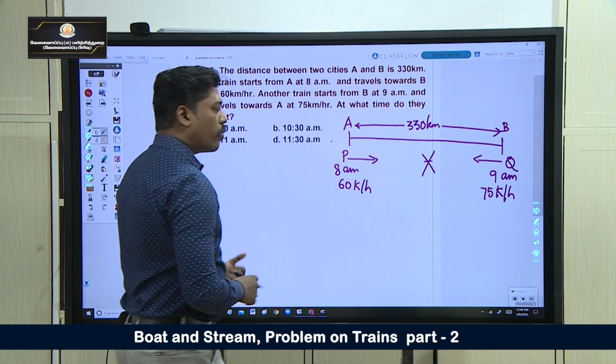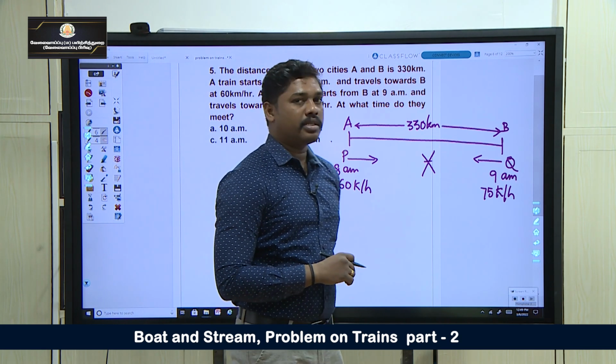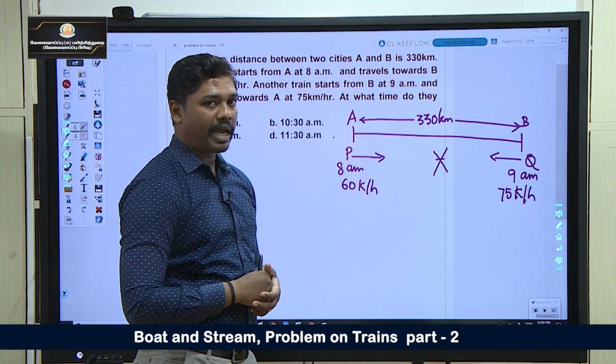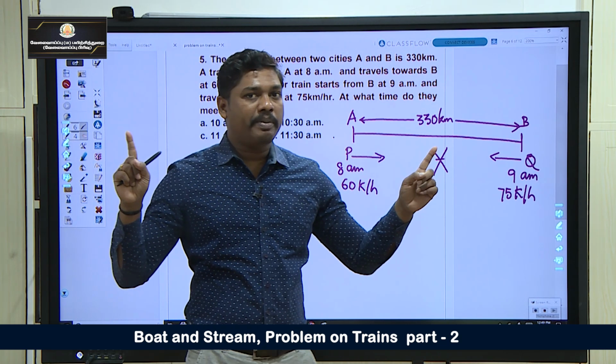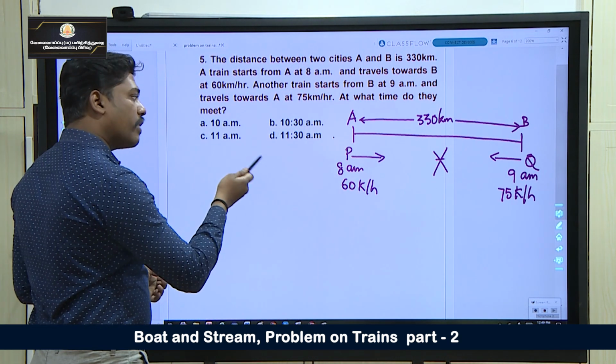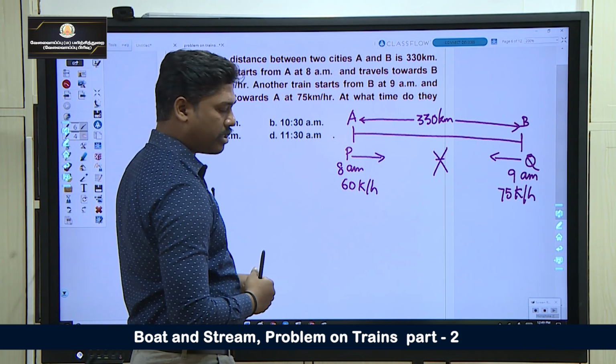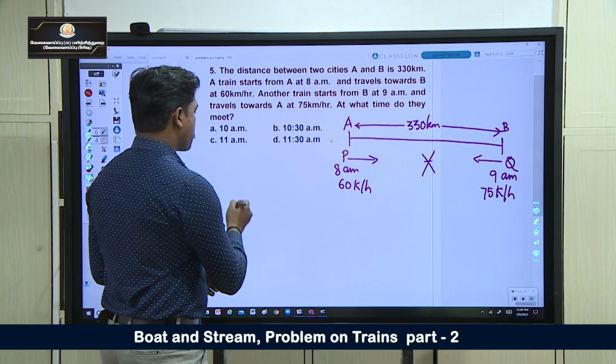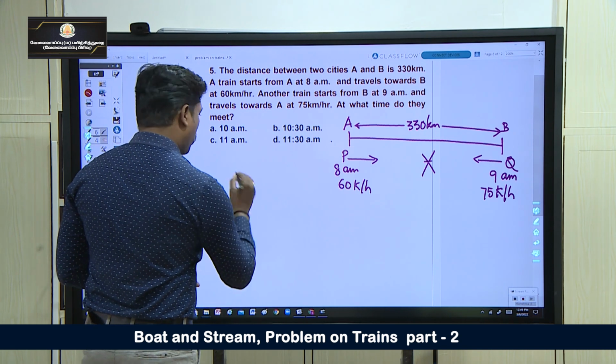What I said in the topic time, speed and distance is that to find the meeting time, the starting time should be the same. I think the same kind of sum we have solved in time, speed and distance. I told you to note down this point there.